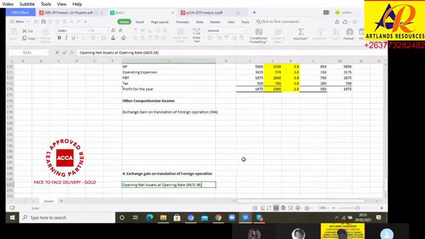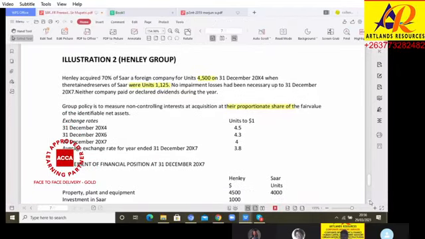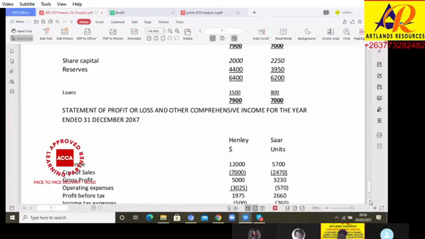at opening rate. You may say opening net assets at opening rate. Notice, if you are given statement of financial position like this, sir, you are given closing net assets 6,200. Remember, net assets means share capital and reserves, 6,200, but we need opening.